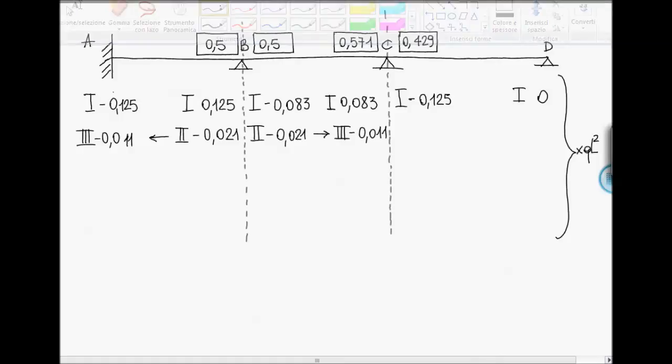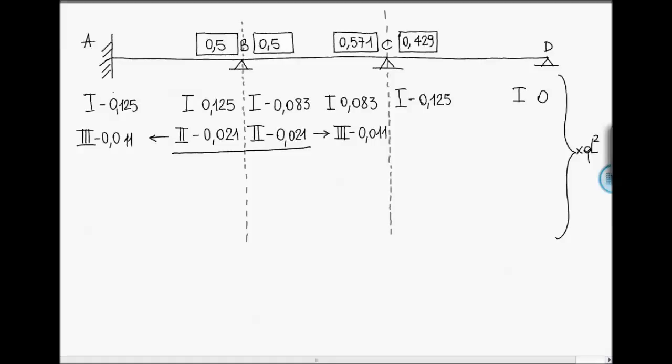Now node B is balanced. We have now to consider node C, where we have to sum up all the bending moments that are present: 0.083 minus 0.125 minus 0.011, and distribute the resultant according to the distribution factors. So we obtain second bending moments positive and equal to 0.030 on the left, and 0.023 on the right.